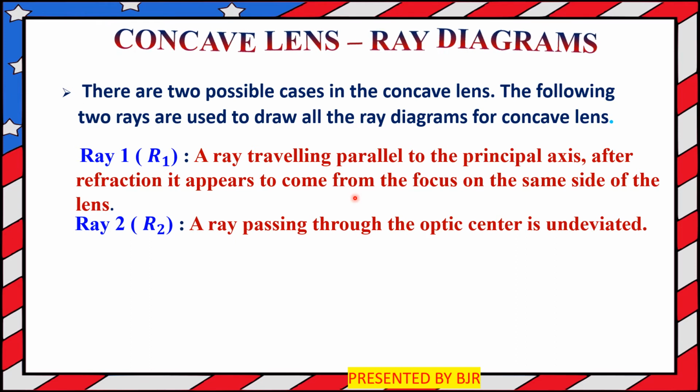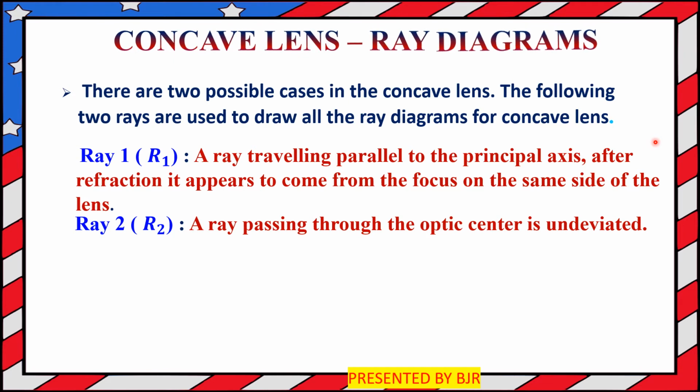And in order to remember the order of the properties of the image formed, here I am using a mnemonic called LOST, L-O-S-T. In that order, it is easy and convenient for us to remember the properties of the image formed.